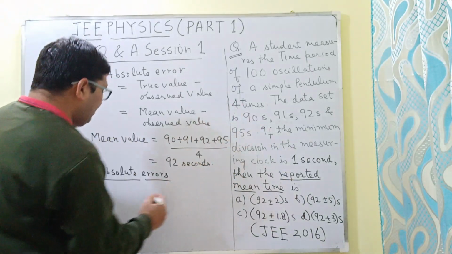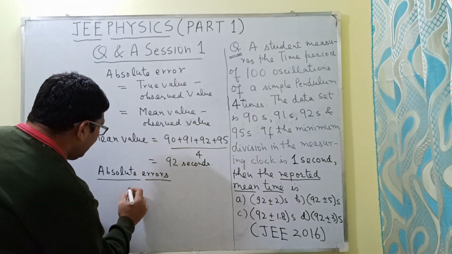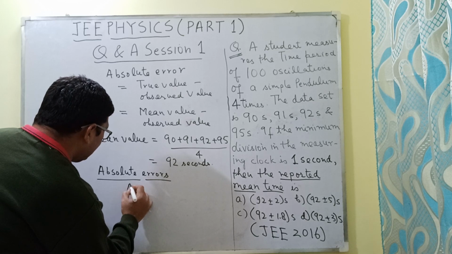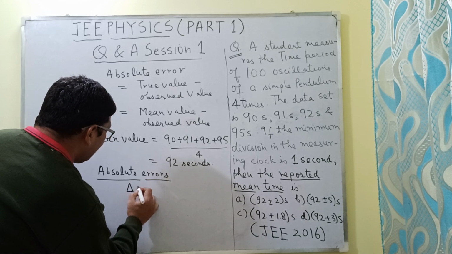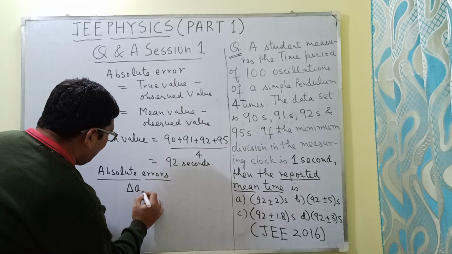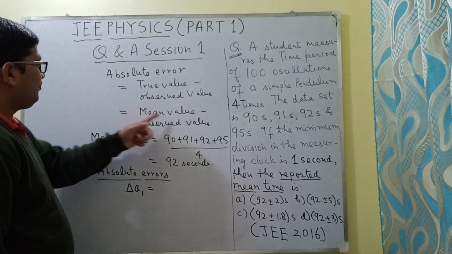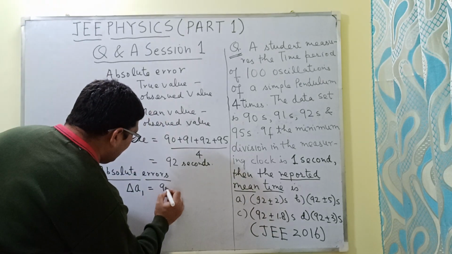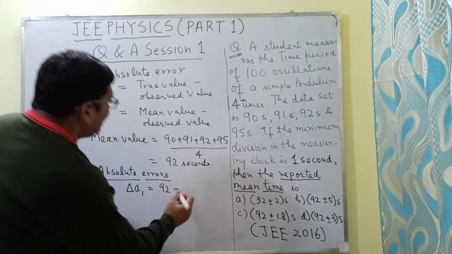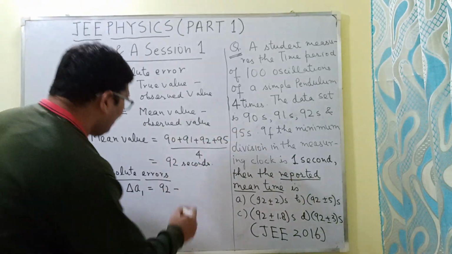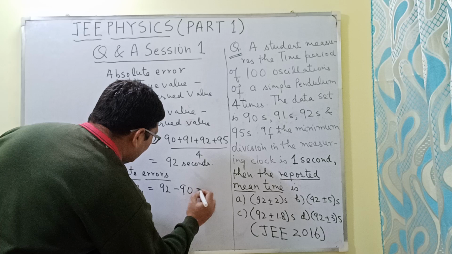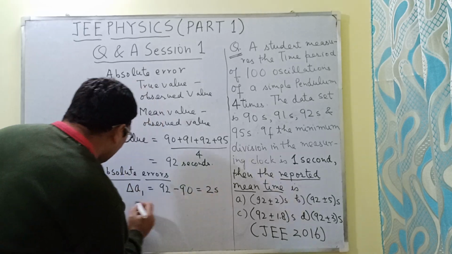For the first measurement, the absolute error, which I am taking as delta A1, will be equal to the mean value, 92, minus the observed value. What is the observed value? This is 90. So this is equal to 2 seconds.